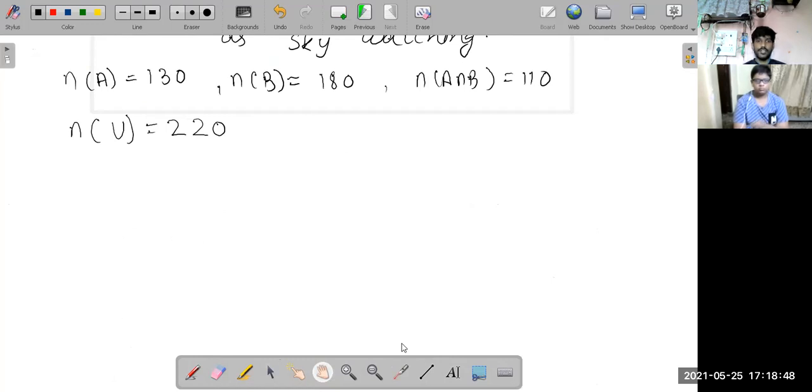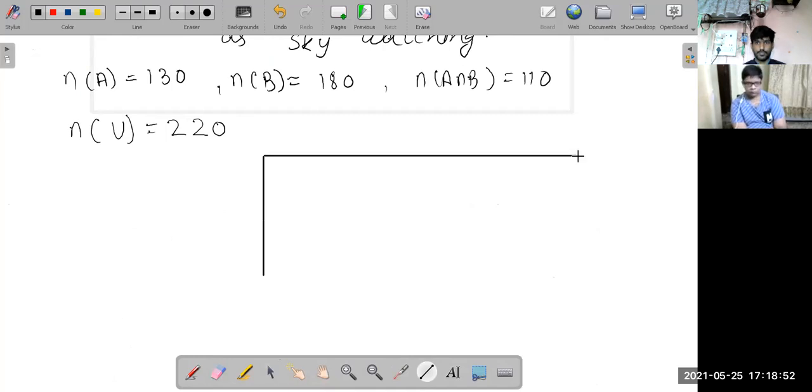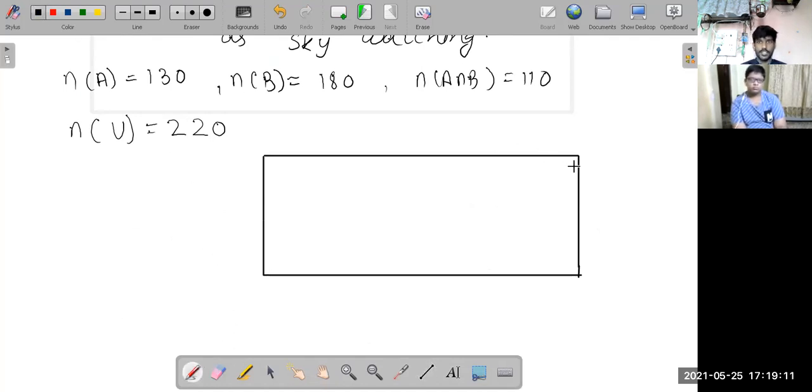Let's try to understand this with a Venn diagram. This is the universal set. And this has 220 students.